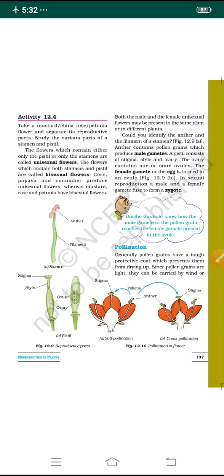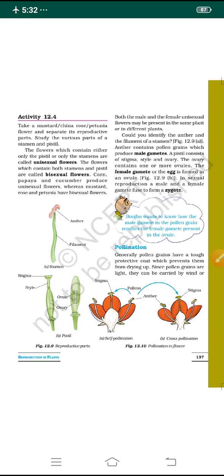Flowers which contain either only the pistil or only the stamens are called unisexual flowers. The flowers which contain both stamens and pistil are called bisexual flowers.